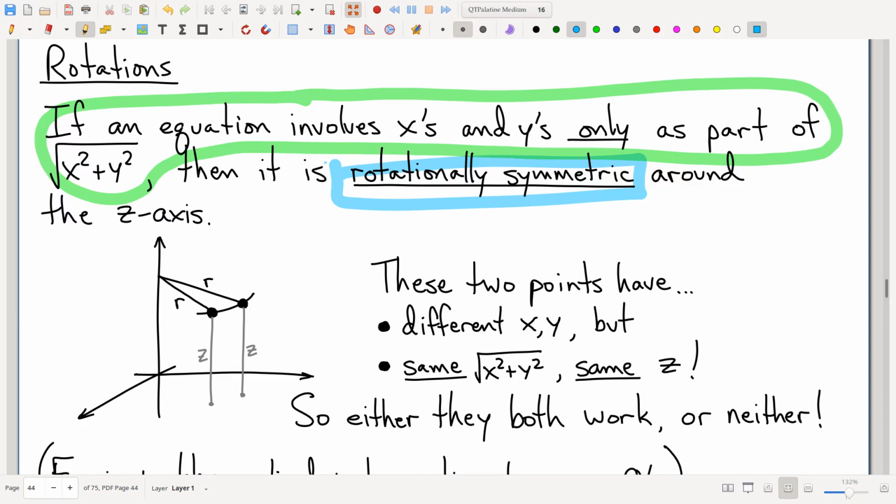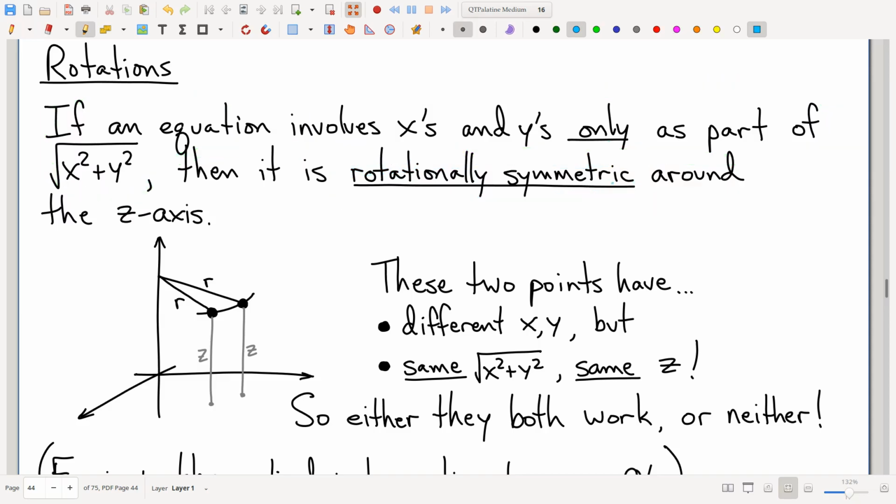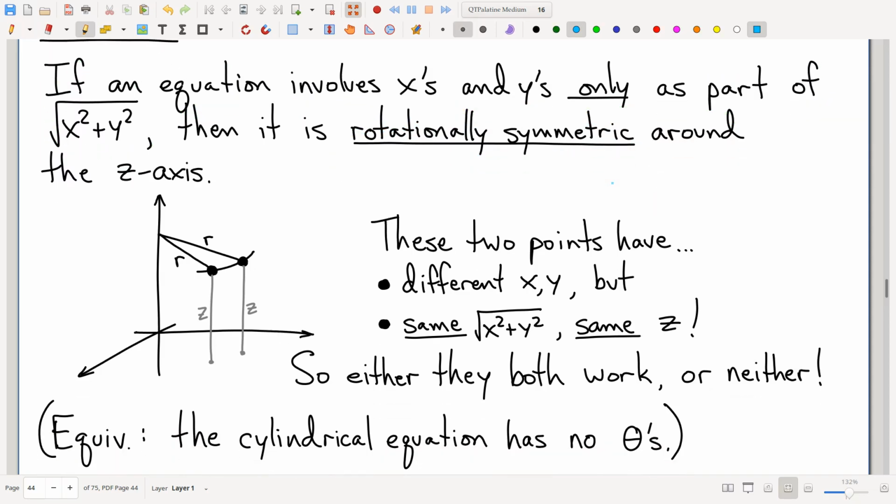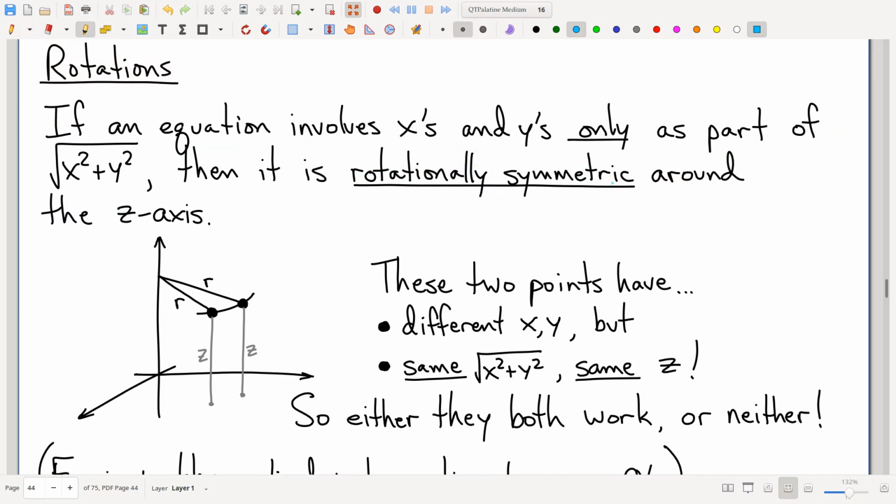Okay, talk about why this is true. All right, there are a couple different ways to see this, but let's do it like this first. Let's suppose we have some point. We're looking at one of these equations as described. Got a point there. Now I'm going to say, let's take that point, and I want to rotate that point around the z-axis. That's just a geometric move, right?